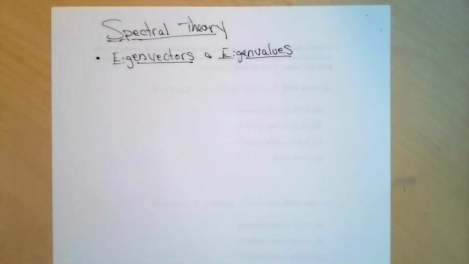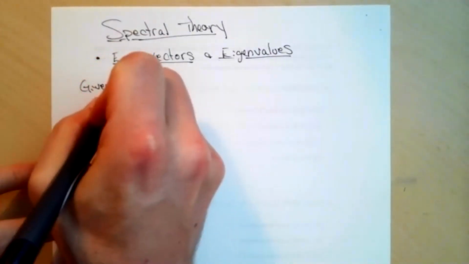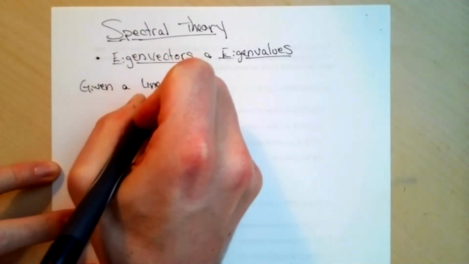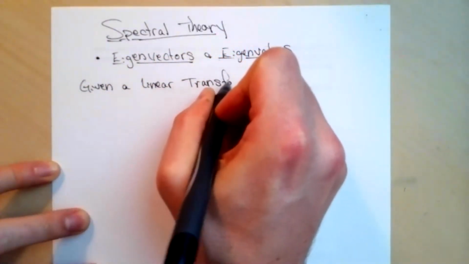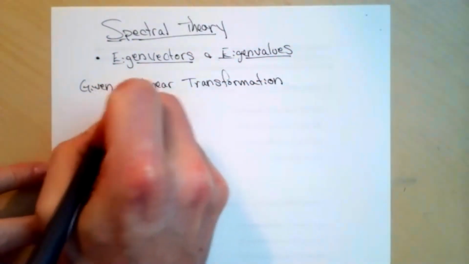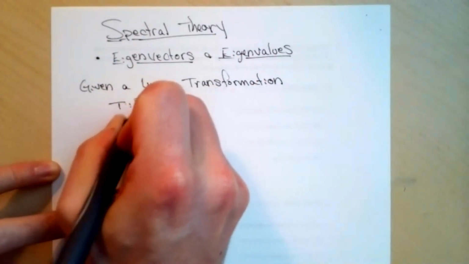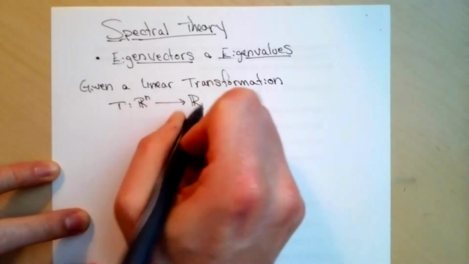So the key thing we want to know is, given a linear transformation, so in particular, it's going to be a linear transformation that doesn't change the dimension.